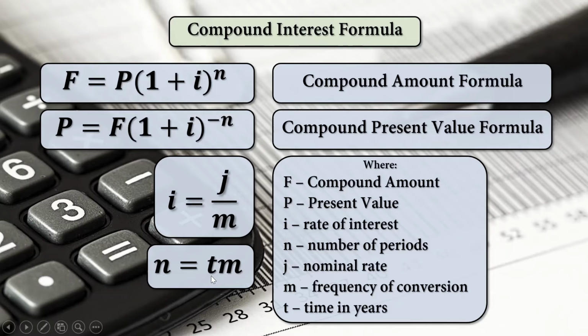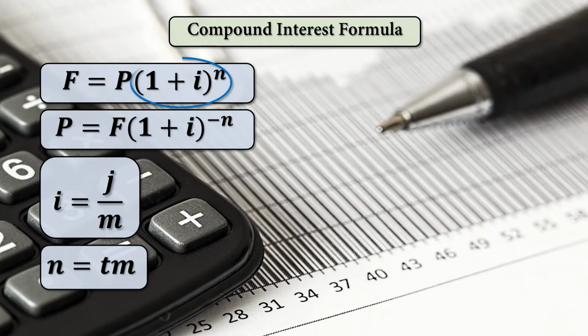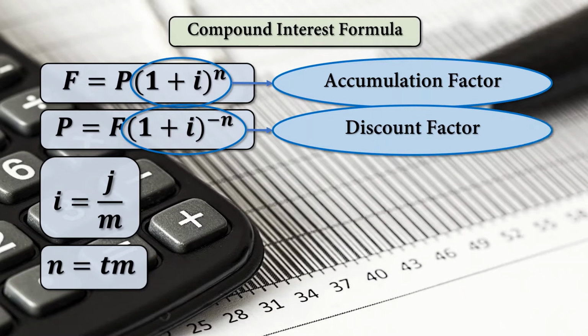Okay, in years yung unit dapat, then times m again. So the quantity 1 plus i raised to n is called the accumulation factor under the compound amount formula. And the quantity 1 plus i raised to negative n is called the discount factor for the present value formula.